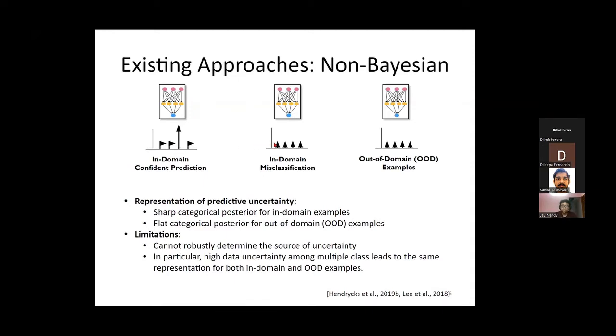Otherwise, in the case of out-of-domain distribution or in-domain misclassification, which originally occurs due to data uncertainty, or distributional uncertainty, in general, when we use only one neural network, they typically produce a similar kind of representation among the existing approaches. So we cannot distinguish whether the uncertainty is coming from in-domain misclassification or OOD examples.